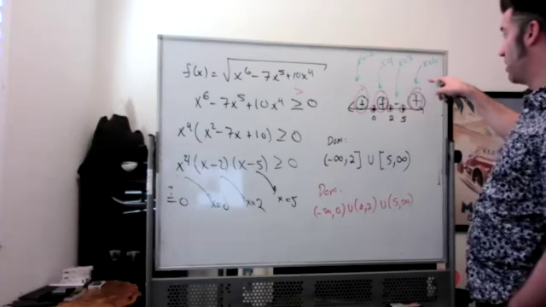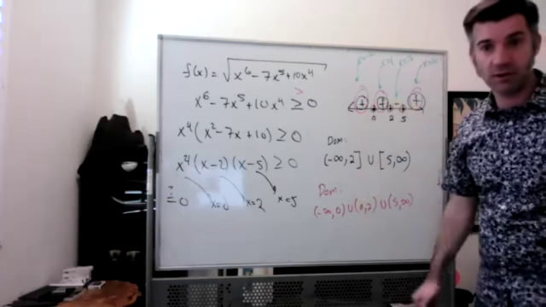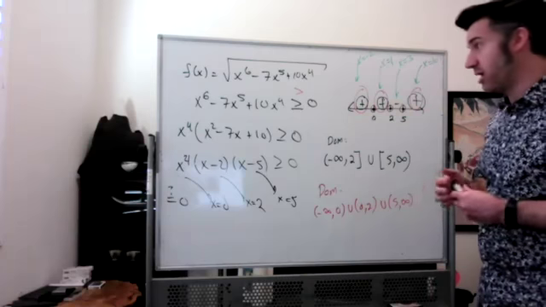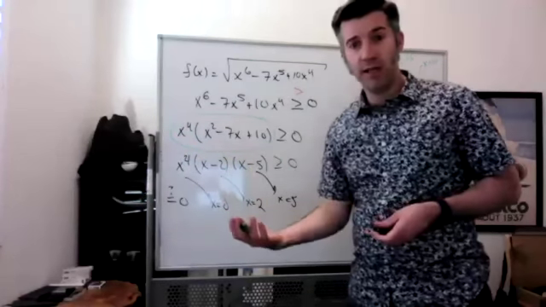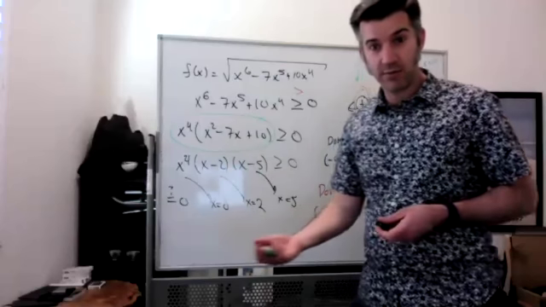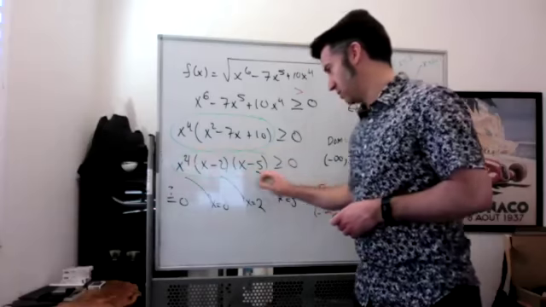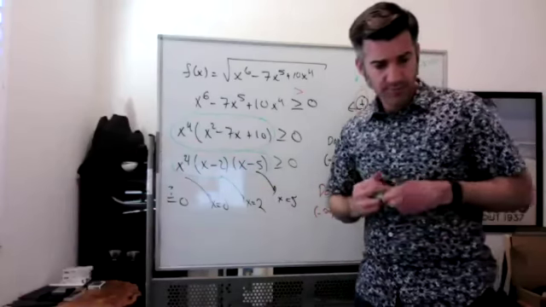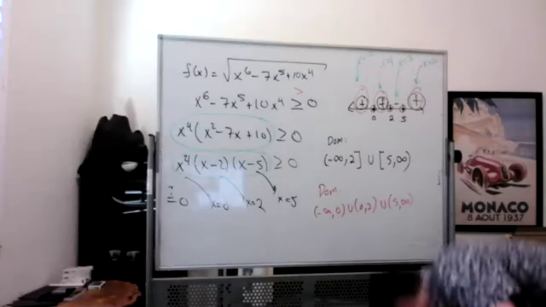You're picking the numbers that are actually in between those numbers. And then asking yourself, if I plug that number in, is this expression positive or is it negative? Actually, sorry, I was using this expression because that's easier. You want to use the fully factored expression if you can. Thank you. You're welcome. It's a good question.